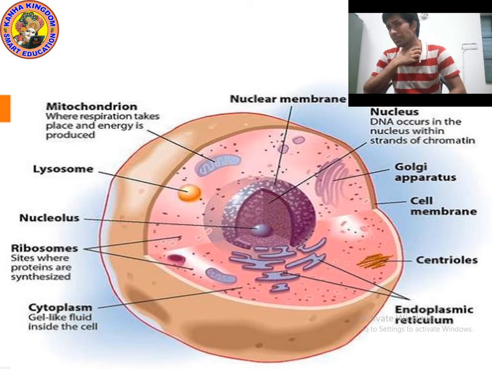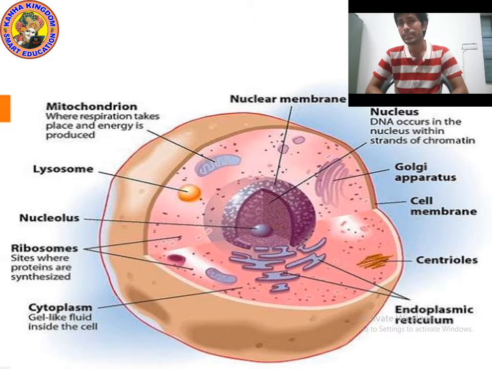Lysosome is also called the suicidal bag. Mitochondria, can you see the mitochondria? It is the place where respiration occurs and energy is produced. That's why mitochondria is known as the powerhouse.